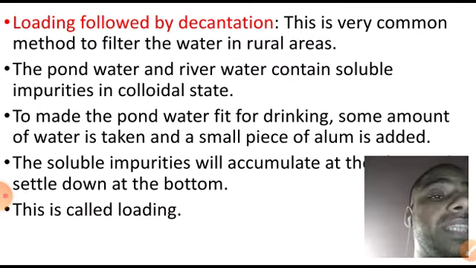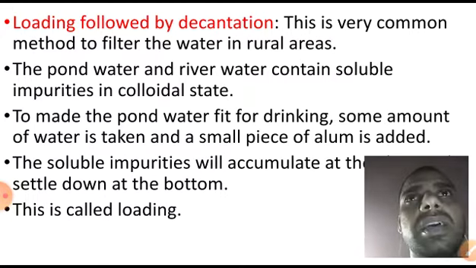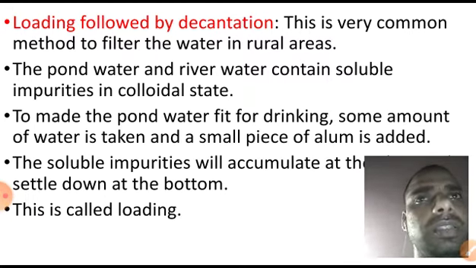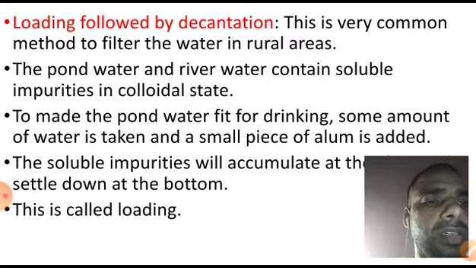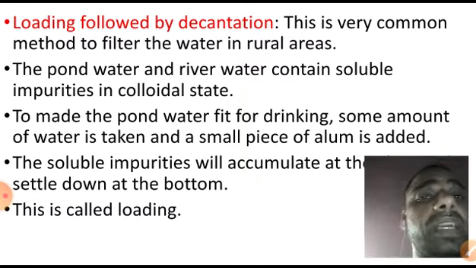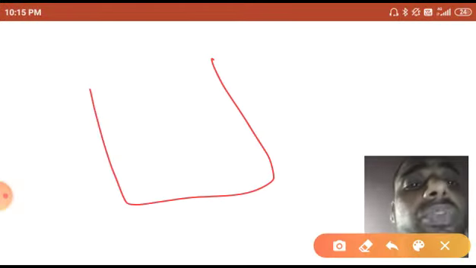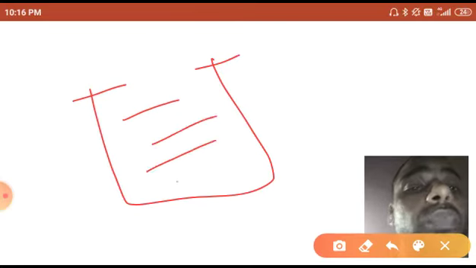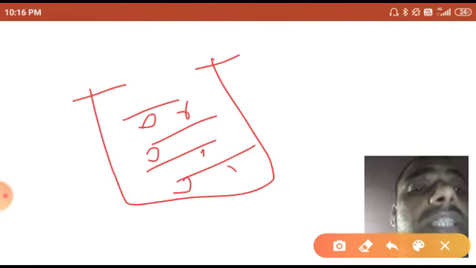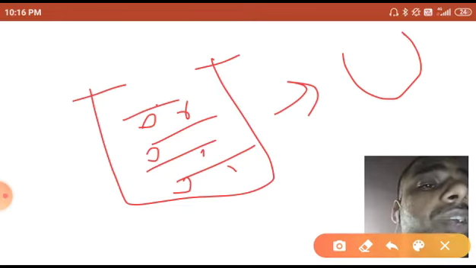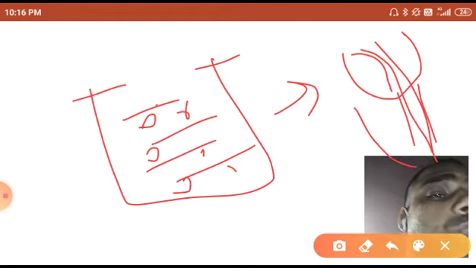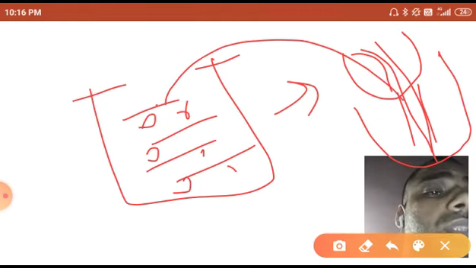What is decantation? Decantation means taking the liquid part. Have you seen the filtration case? I told you about it just now. In the filtration case, we take this liquid part and, with the help of a funnel, we pass this liquid into this beaker.